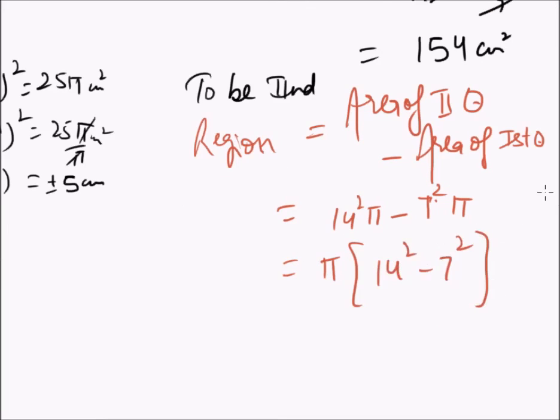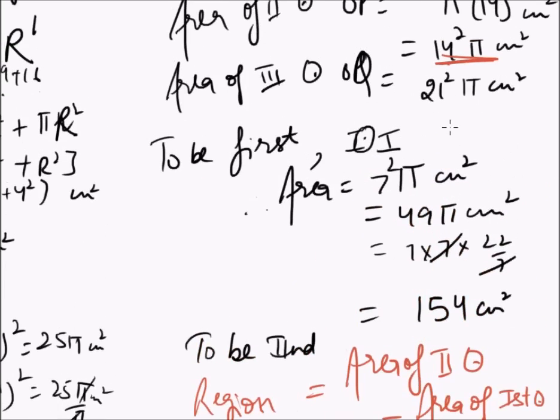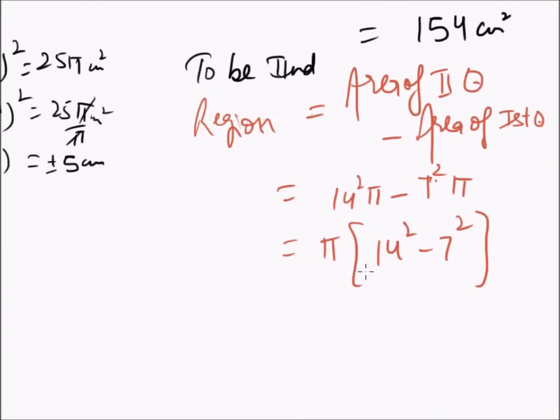Friends, it is unnecessary to calculate the area at these stages individually, because you will see that if you don't calculate here, the calculation will somewhat cancel out or become easy.